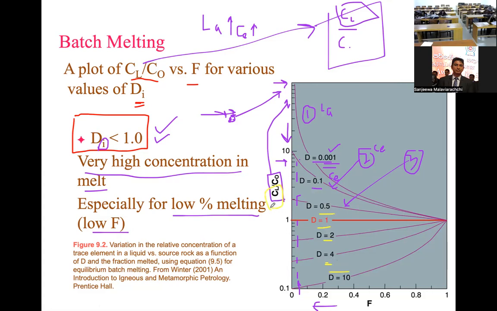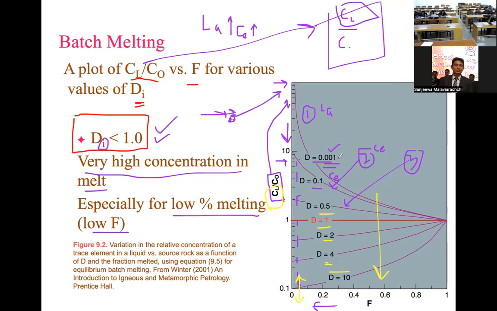We are taking this C_L, the liquid composition, gradually decreasing, right? So you can see here, they are gradually decreasing. The amount of element available in the produced melt is gradually decreasing, even for a constant degree of melting, because of the partition coefficient difference.